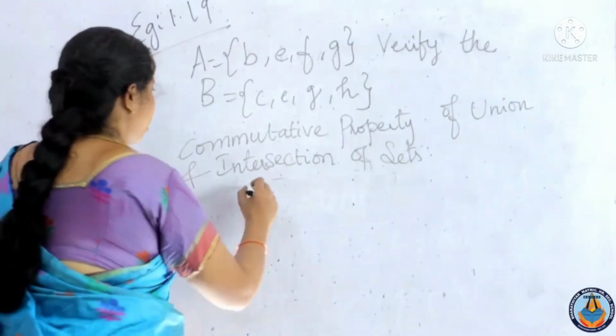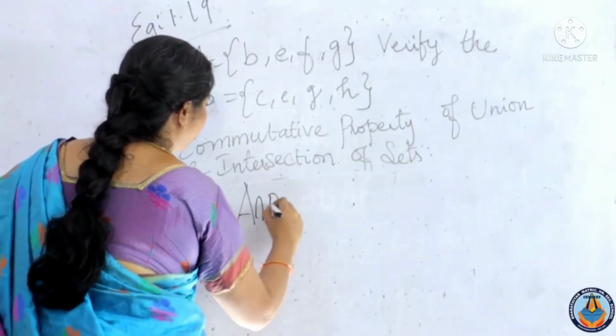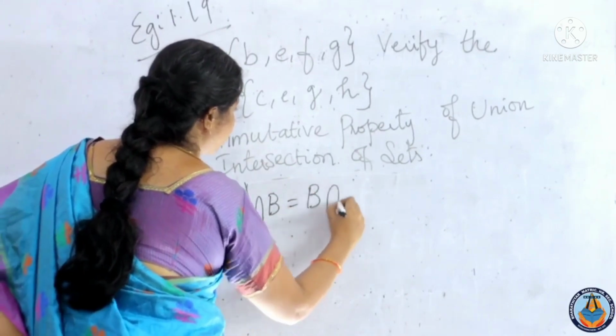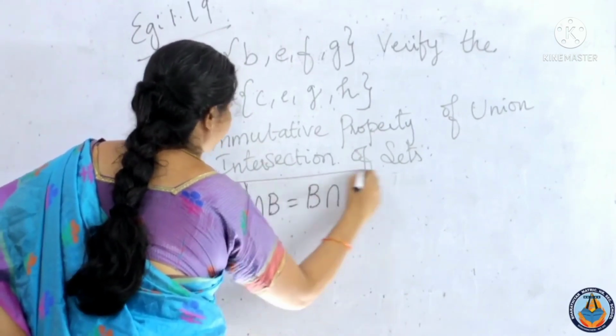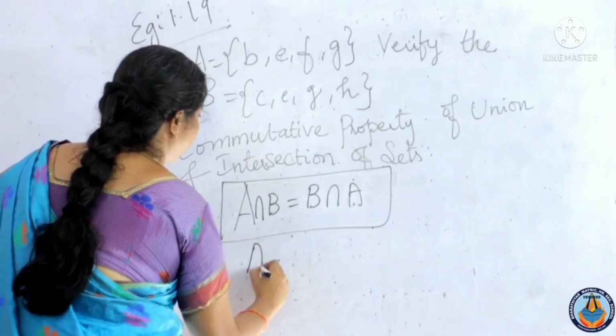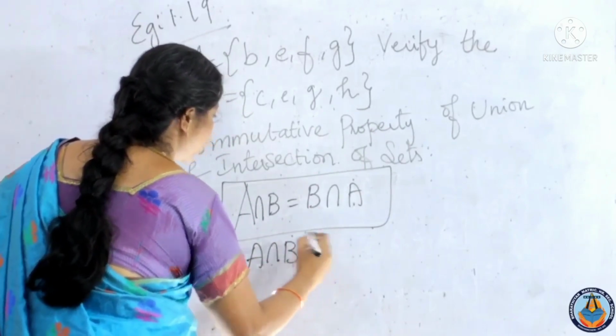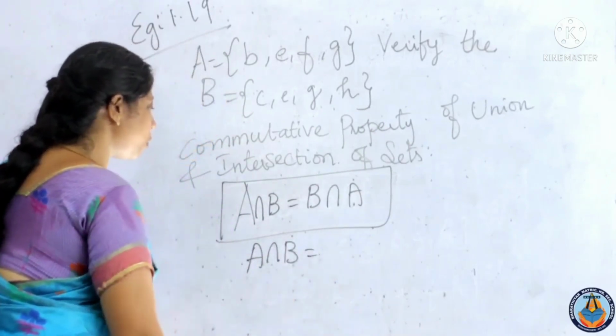Now A intersection B is equal to, you have to prove B intersection A. Let us recall intersection of two sets.